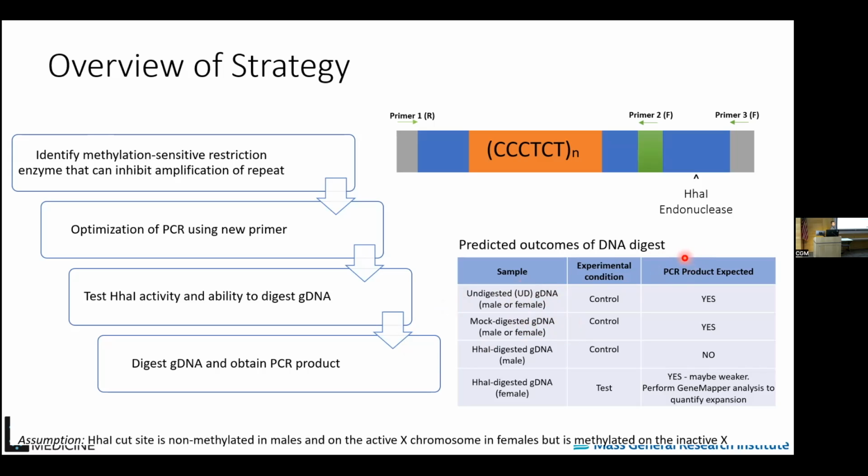Both of those would give us PCR products. Another control for our test was digested male DNA, and this wouldn't give a PCR product, as the SVA would be destroyed on the X chromosome. And then our test was our digestion. An assumption for this project was that the cut site on the male chromosome was non-methylated, but on the females, it was methylated on the inactive X.